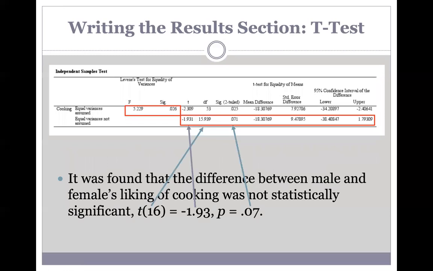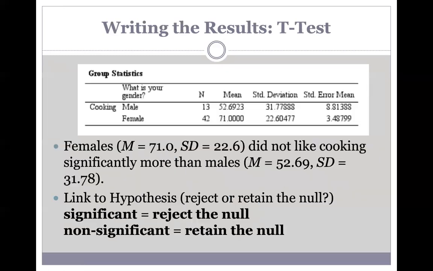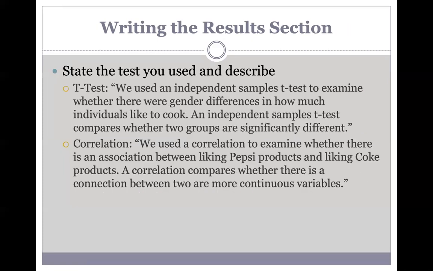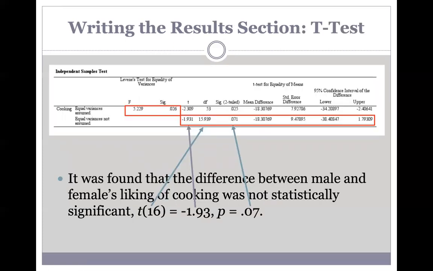So in order to come up with a sentence to describe your independent samples t-test, you need to run the analysis, and you need to know how to read these analyses. We've gone over this. You want to take the t-value, the degrees of freedom, the significance, and put in a nice APA sentence.